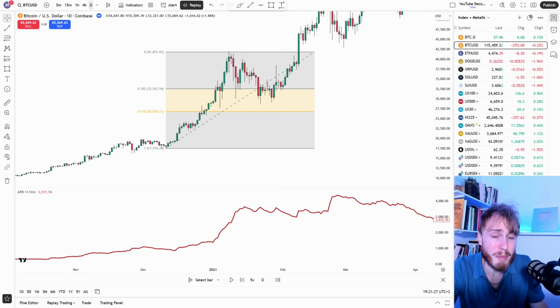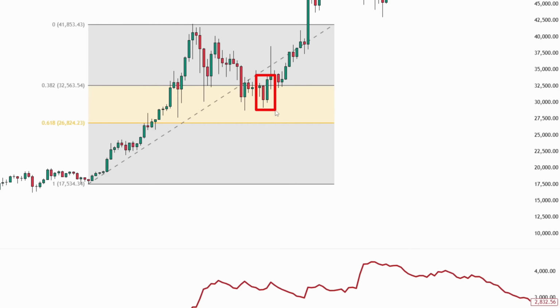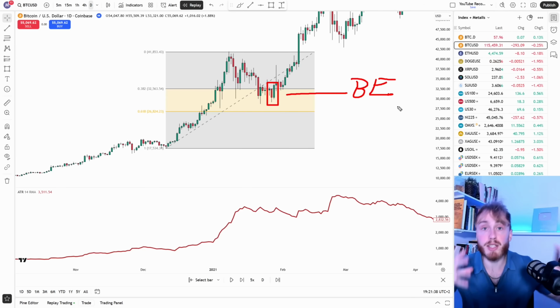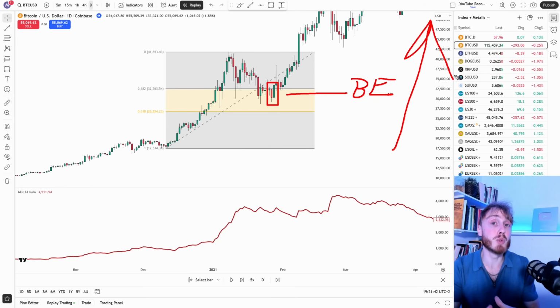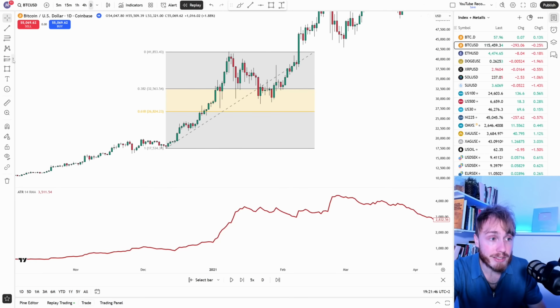Well, if you know about candlestick patterns, you can see that these two candles together create something known as a bullish engulfing pattern. A bullish engulfing pattern is a bullish Japanese candlestick pattern indicating a move towards the upside. So I'm going to enter on this candle close.